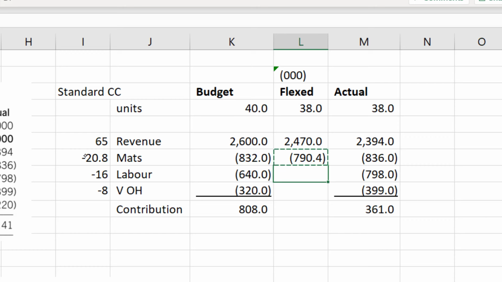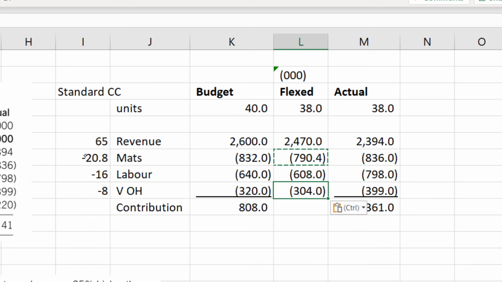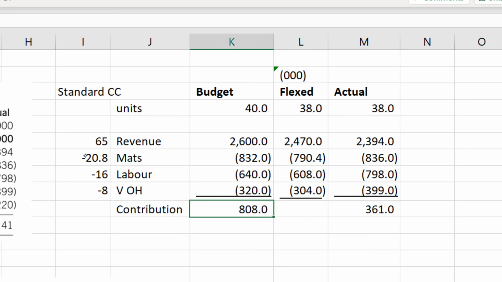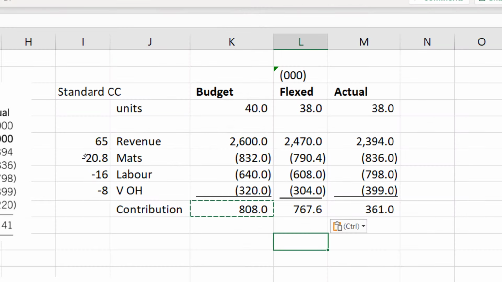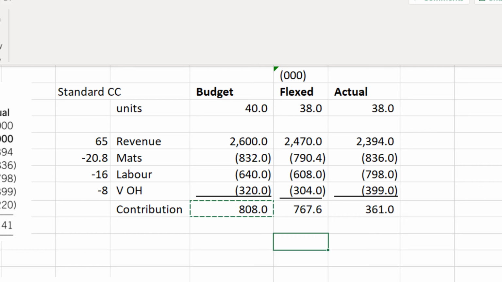You get the idea? So I can copy those down. And I copy the total. There we have it, a complete P&L for controlling purposes. Now, with this in place, I can answer the question.